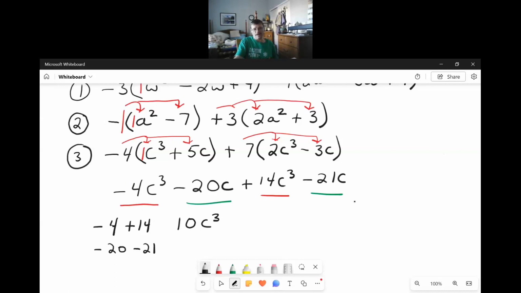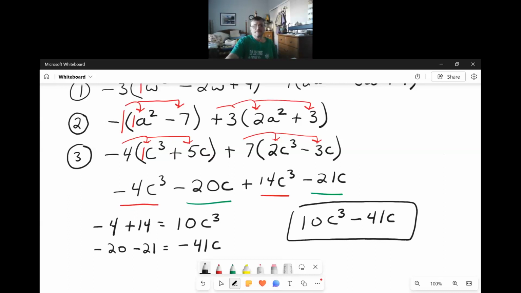So that's rule number 1. That's going to give me negative 41c by itself. Okay, put it in horizontal, 10c to the 3 and negative 41c. Okay there, folks. That's the final answer on this.